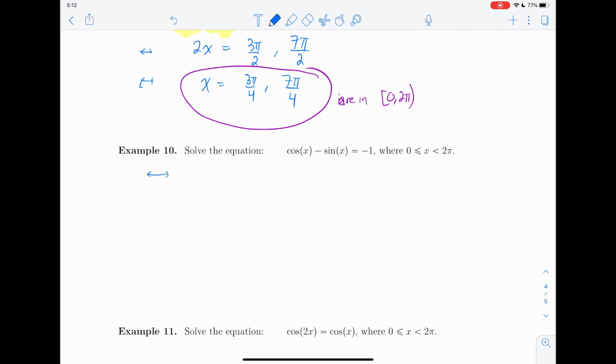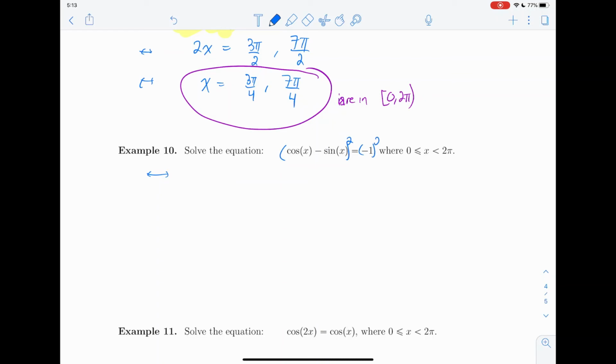This might be a good moment to point out, just like we did with trig identities, you're not always going to get the right answer on your first try. It's important to remain steadfast and keep trying new avenues until you gain some traction. So in this example, we're going to try squaring both sides.